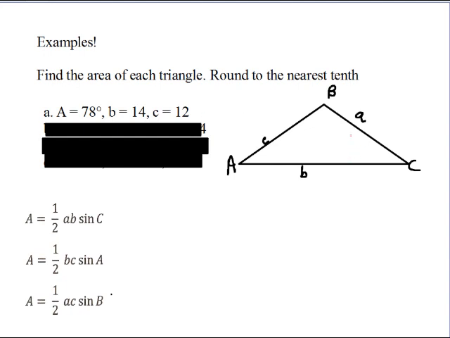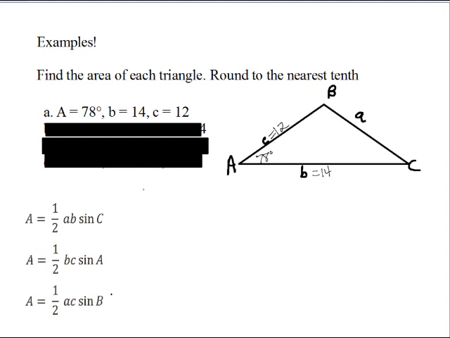For my visual learners, I've drawn a triangle for you. It should be obvious from the formula itself, but I went ahead and just put the triangle in anyway. So if I'm given, let's go ahead and write this in black, 78 degrees, little b is 14, and little c is 12, then, well, look at your equation.